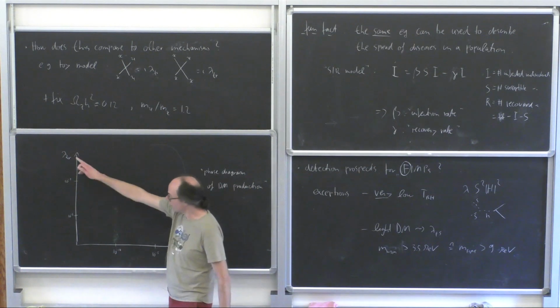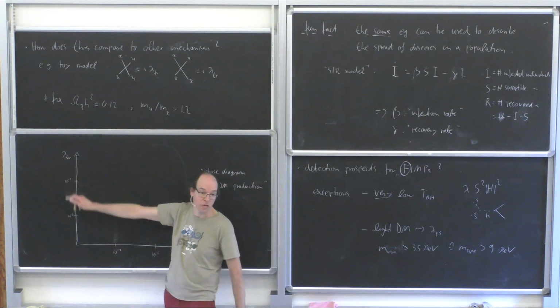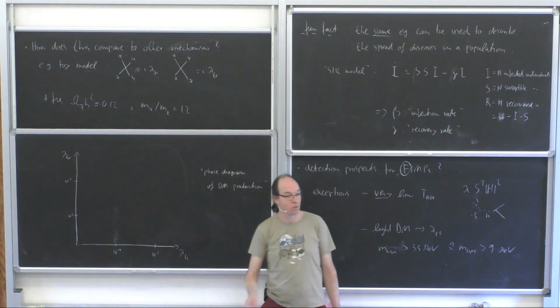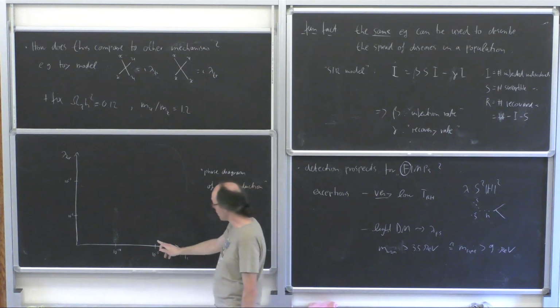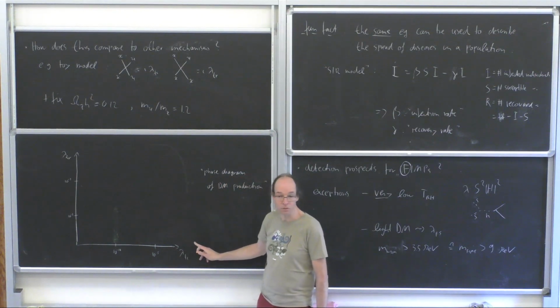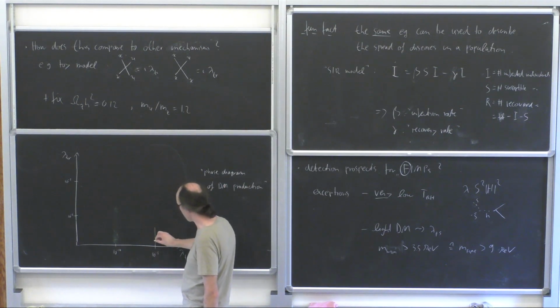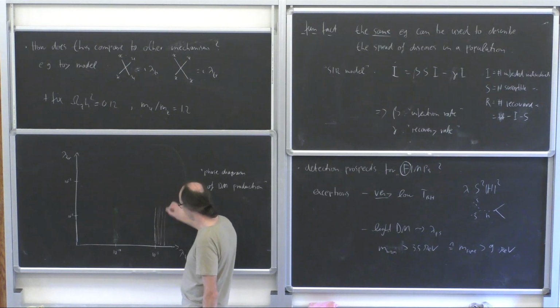So we can first start at the bottom of this plot, neglecting these transmission couplings. So then we know that we should always fix the ratio of the coupling strength and the mass, meaning that here we will get a much larger ratio. So for small masses, we will have something like this. And then if we increase the mass, we will get here.